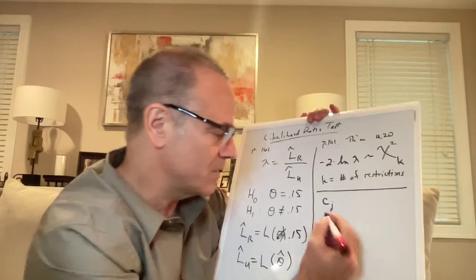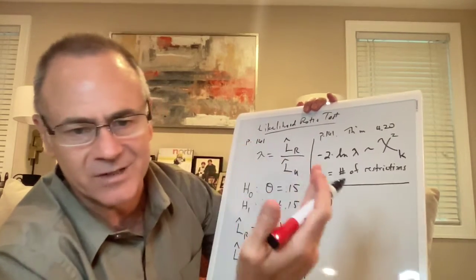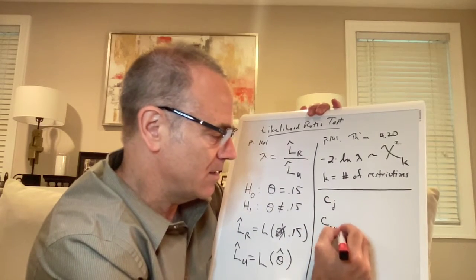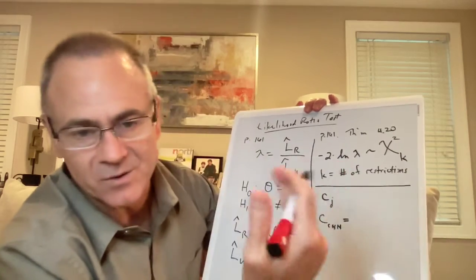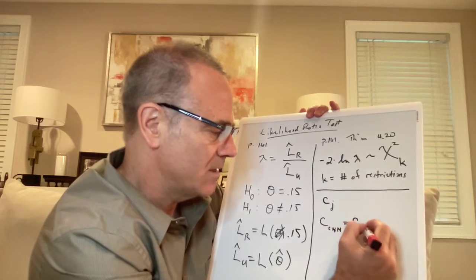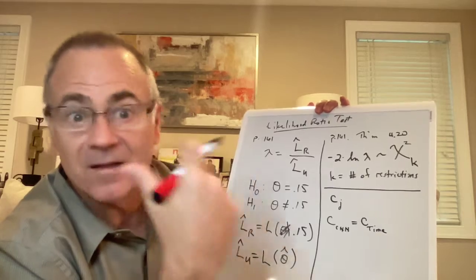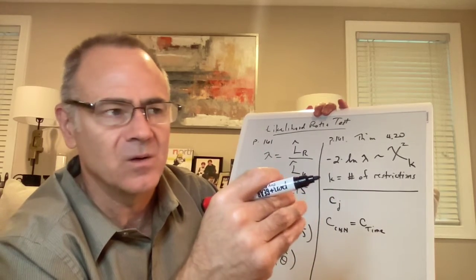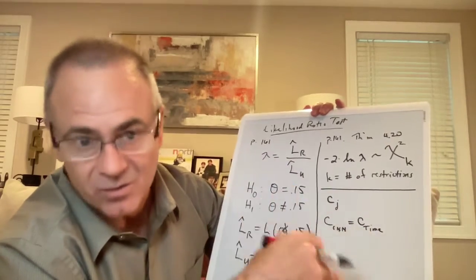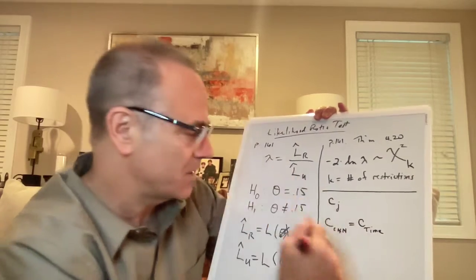So say CNN was news outlet 1, but instead of calling it 1, I'm just going to call it C sub CNN. And say Time was news outlet 6, but instead of writing C sub 6, I'm just going to write C sub Time. Also, at the time, the Wall Street Journal was, I think still is, owned by News Corporation, which owns Fox News, and one of our outlets was Fox News Special Report.